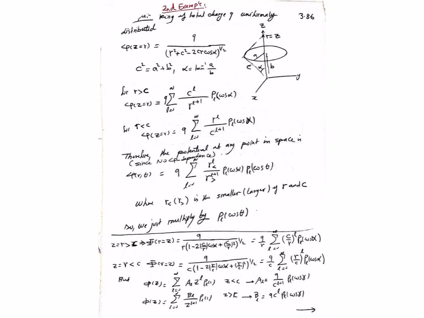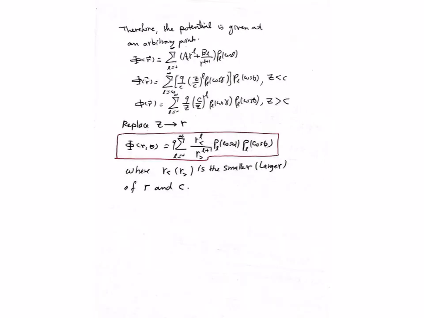The final solution now in terms of z is given by the second expression in this slide for z smaller than c, and the last expression is for z greater than c.